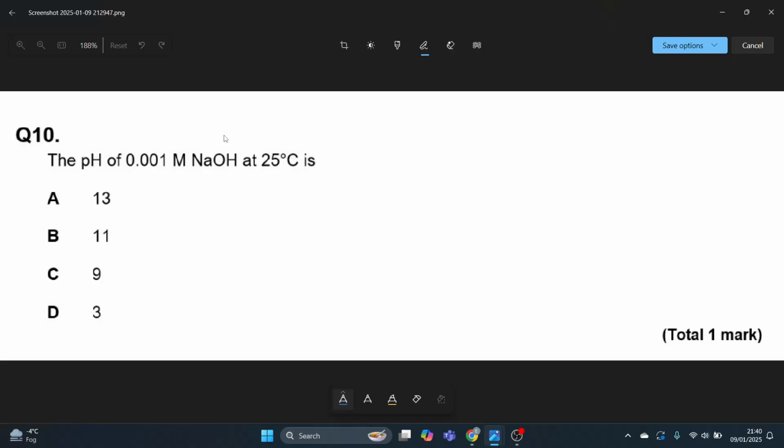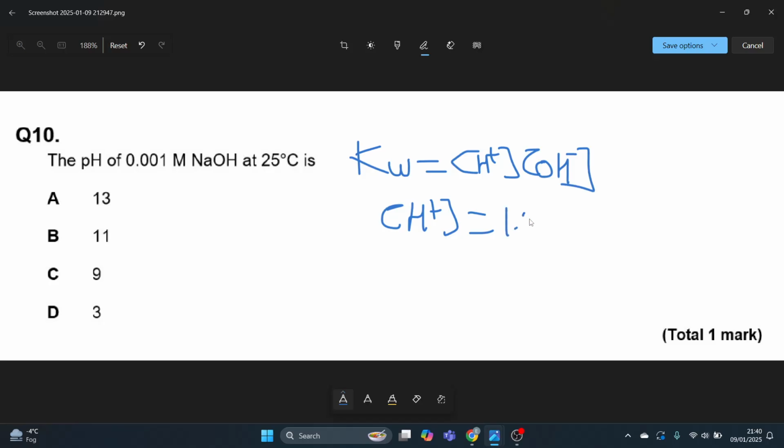Well, we're going to have to use the ionic product of water. Kw equals concentration H⁺ times OH⁻. We want to find pH, we need the concentration of H⁺. It doesn't give us the ionic product of water, Kw, in this question, but it's at 25 degrees Celsius.